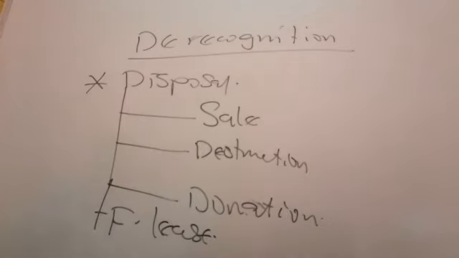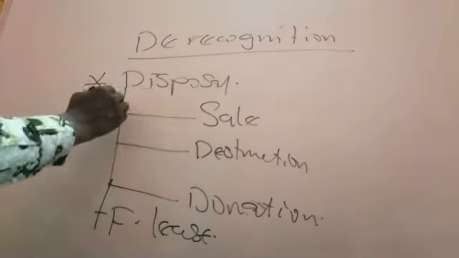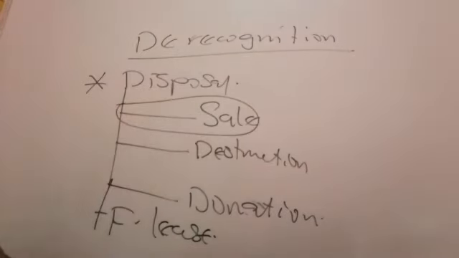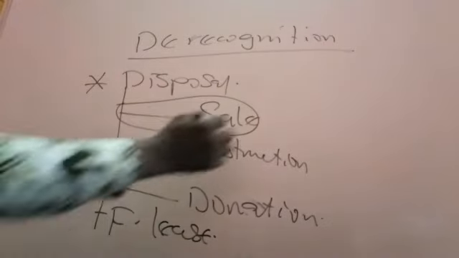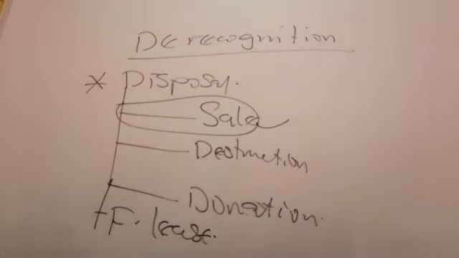Now the most popular one, the one that we normally include in questions, is the disposal by sale. When you say the asset was disposed of, it normally means the asset was sold. As soon as you dispose of your assets, you have to derecognize the assets, and then you are done.